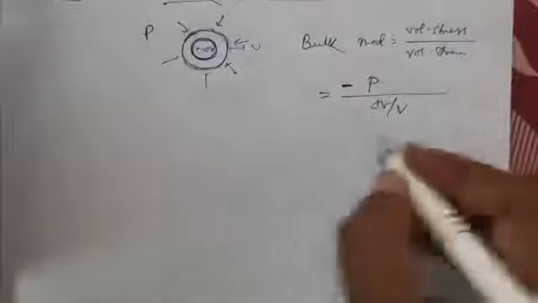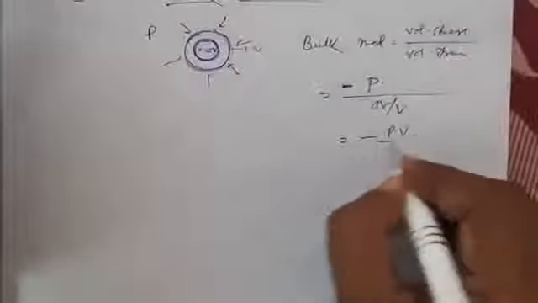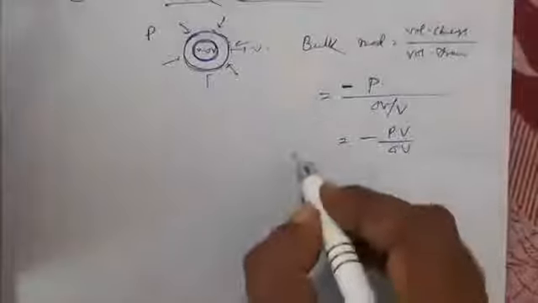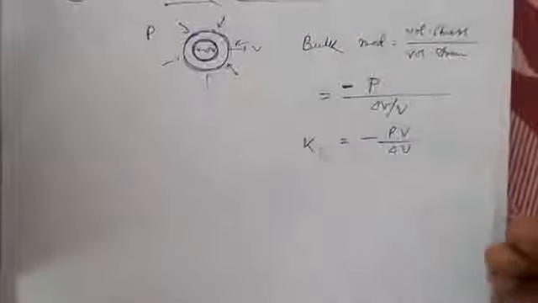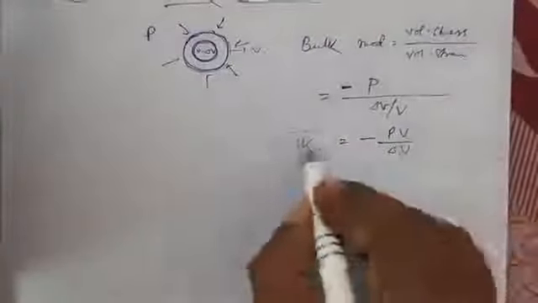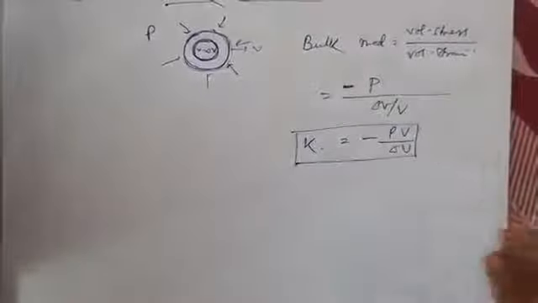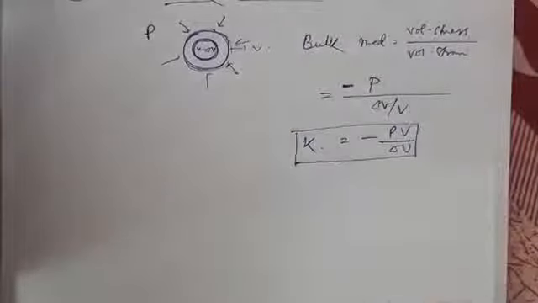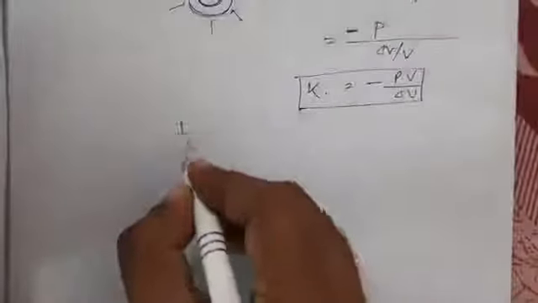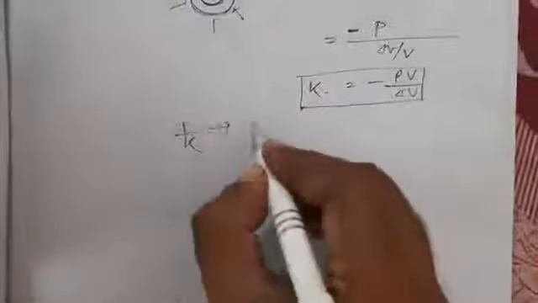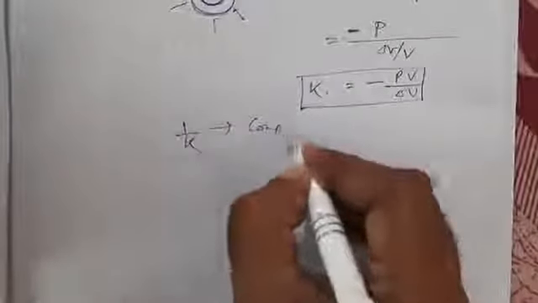So K equals minus PV by delta V. This is known as bulk modulus and denoted by capital K. Young's modulus is denoted by Y, and bulk modulus by capital K. The reciprocal of K, that is 1 by K, is known as compressibility.